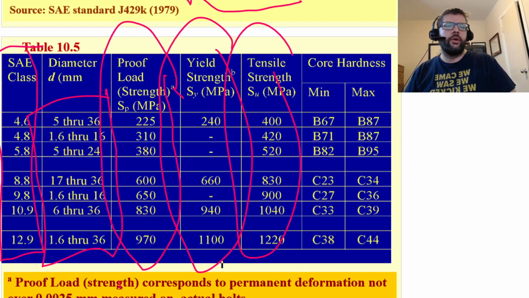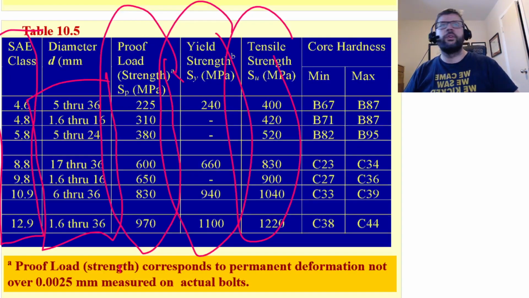For the proof load, corresponding to permanent deformation of not over 0.0025 millimeters, which is basically equivalent to the definition of the proof load for the imperial system, 0.0001 inch.